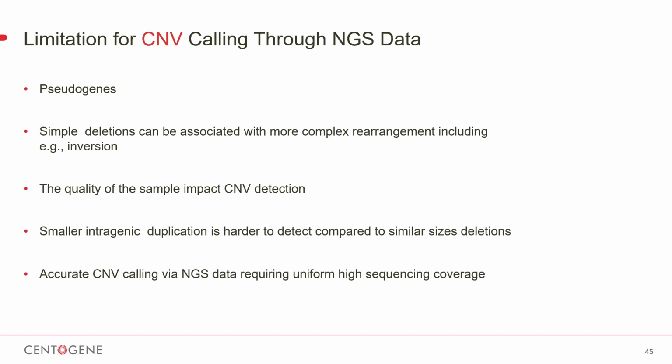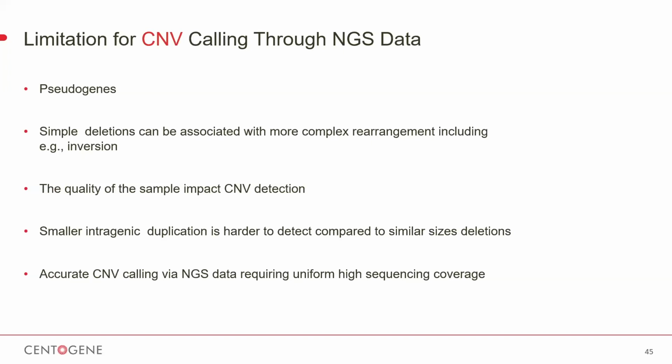Also, the quality of the sample impacts copy number variant detection. A sample with a low or inadequate amount of DNA can result in negative results or fail to detect true calls, not resulting in adequate coverage and depth for the sample.